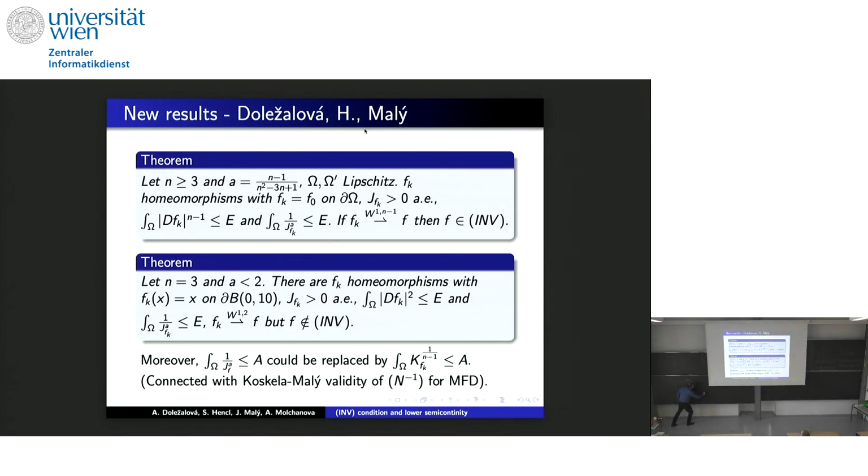Here you have the integral of the derivative to the power n-1. And you know that this is finite. And if this is finite, then this term is finite. Okay? So actually, sorry, slightly misleading. We are really proving that we assume this condition instead of this condition. And if you have this condition, it is just a simple Hölder's inequality that this term is controlled. But this requirement is much weaker, essentially.